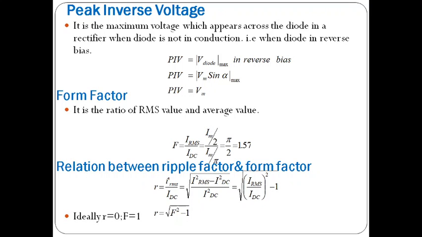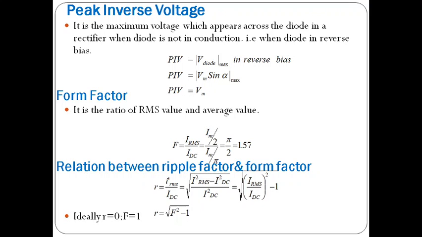Otherwise, you can say it is the maximum voltage drop across the diode in reverse bias, that is, how much voltage it can allow in the reverse bias before breakdown. Clear? So the maximum voltage drop across the diode in reverse bias, before breakdown voltage, is the peak inverse voltage. This peak inverse voltage is nothing but V diode maximum.